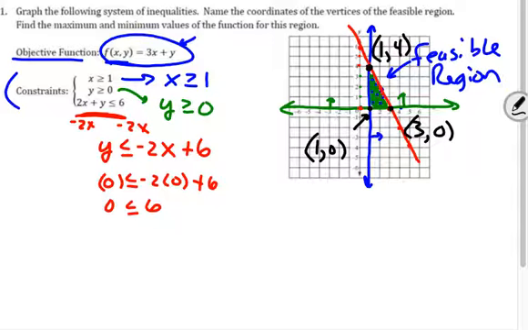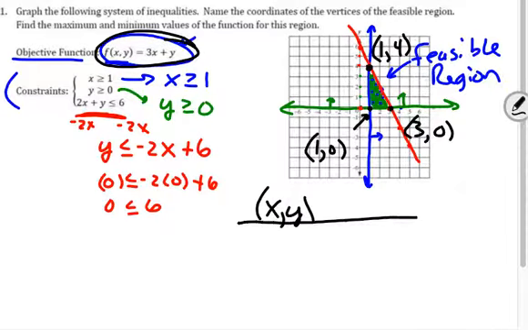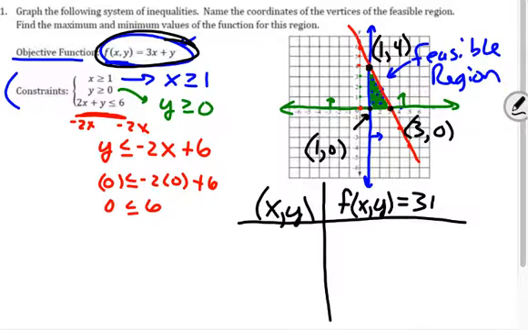And here's how it works. We're going to use the objective function right here. Basically, f of x, y. Here's your x, y values that we just generated. Over here, you're going to have your function, f of x, y, in this case equals 3x plus y.